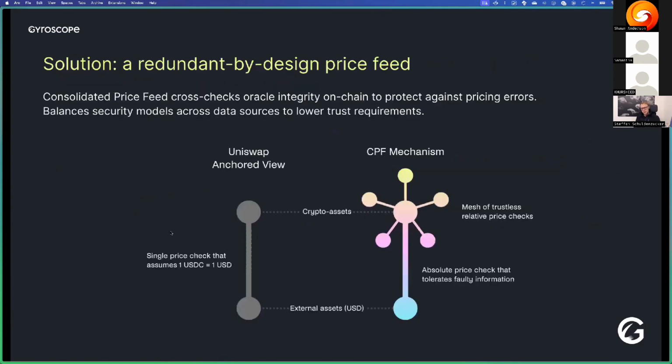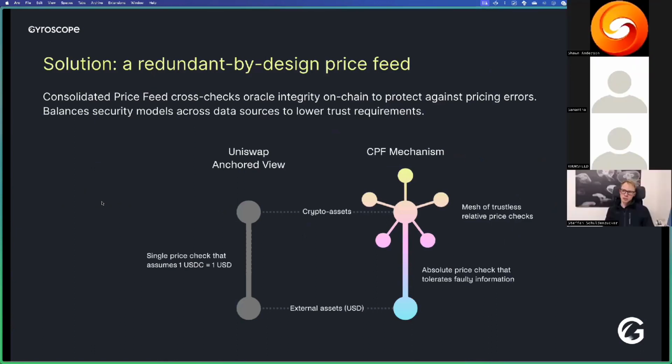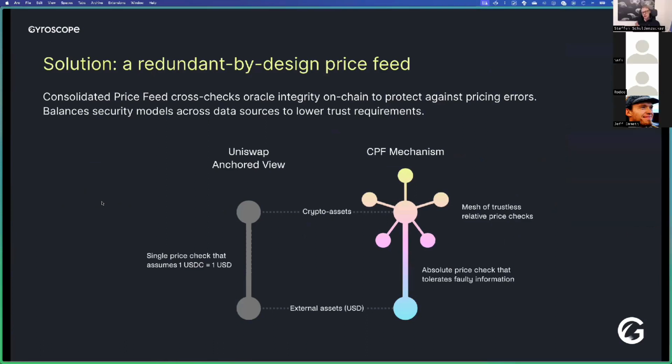The oracle system. What we said for Gyroscope is, okay, the system needs to pull prices from somewhere. So the system pulls prices from Chainlink, but it takes them as essentially a possible solution to a system of equations. And that system of equations is defined by the interconnections between different on-chain trading pools.